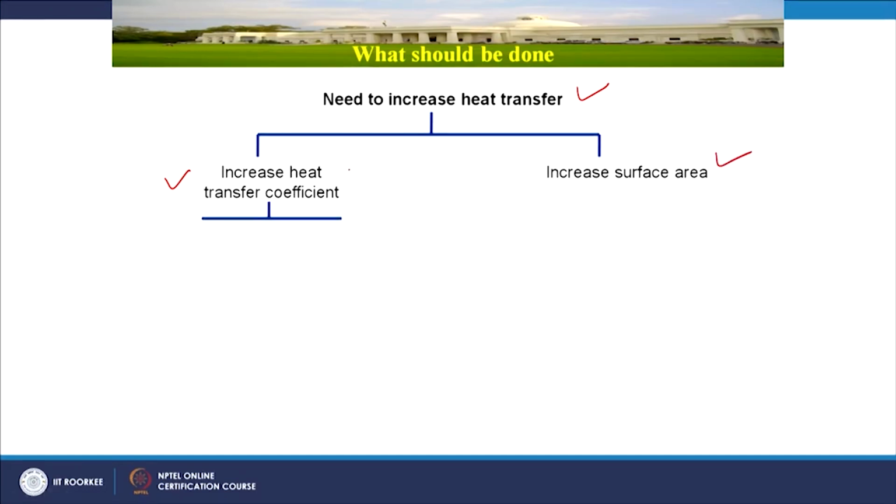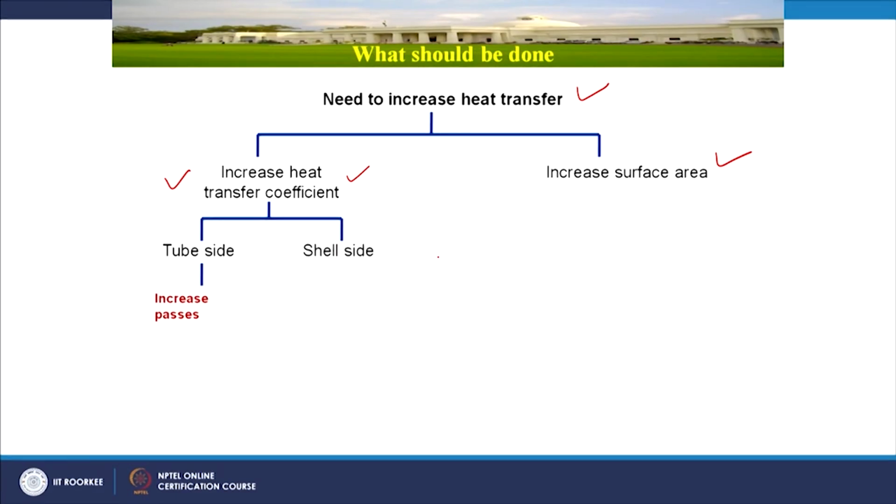So, if I need to increase the heat transfer coefficient, we have different options, like in tube side, what we can do? We can increase the passes, because what will happen when I increase the pass? I am basically reducing number of tubes per pass, right, and mass flow rate remains same. So, more flow is occurring in less number of tubes. In that case, more velocity can be obtained, and so I can have more heat transfer coefficient in tube side, right.